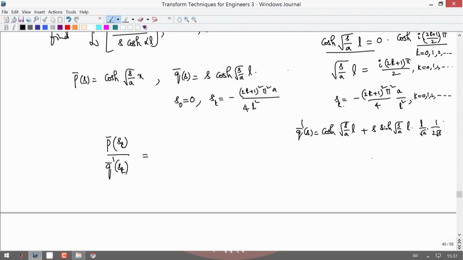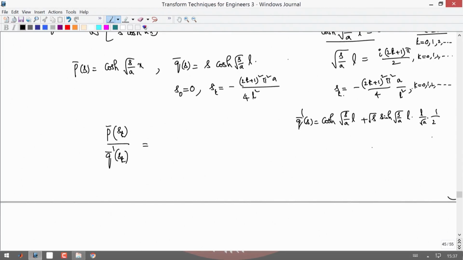So this root s goes. Now calculate this at sk and substitute here. I am just writing directly; you can work it out.